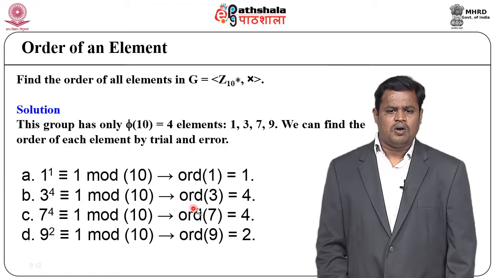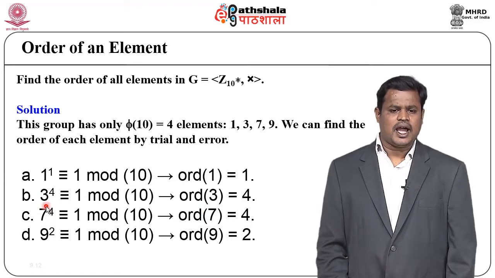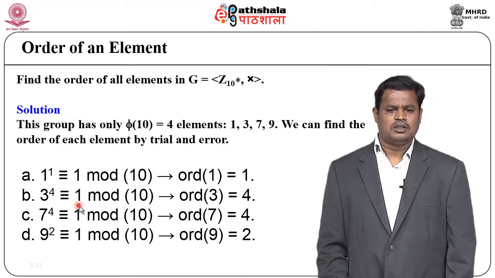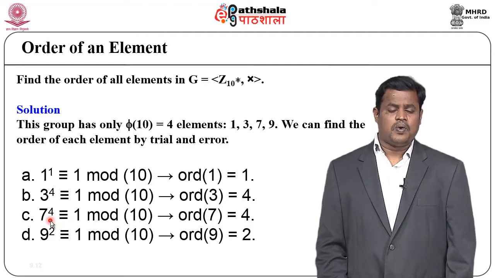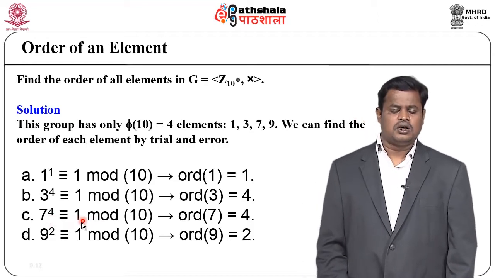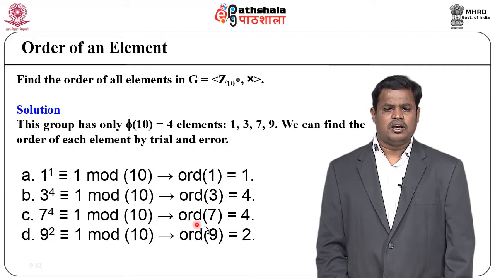The order of 3 is 4 because 3 power 4 mod 10 is equal to 1, so the order of 3 is 4. Similarly, 7 power 4 is congruent to 1 mod 10, so the order of 7 is 4.